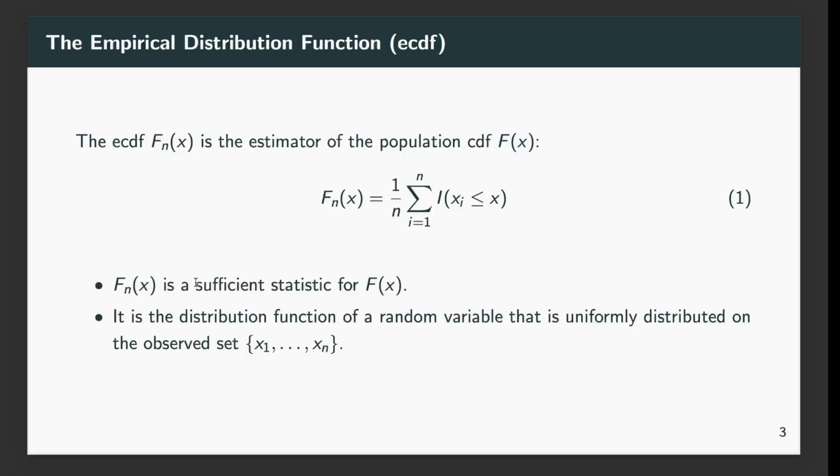This is a crucial point of the bootstrap. The ECDF is the distribution that assigns equal probability, which is 1 over n, to each of the observed data points. So if we draw a random sample from the distribution F_n, we randomly pick observations from our original data set, and each has a probability of 1 over n.